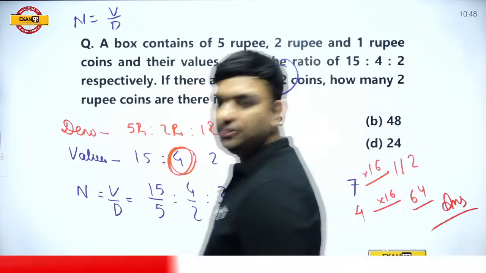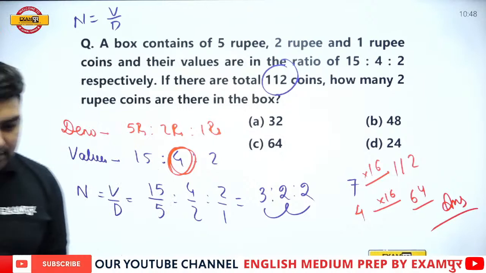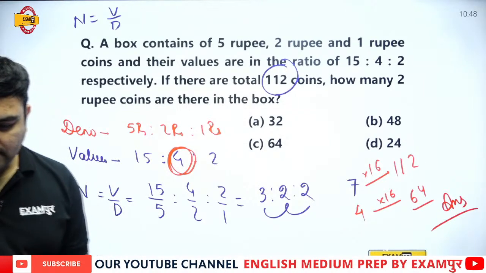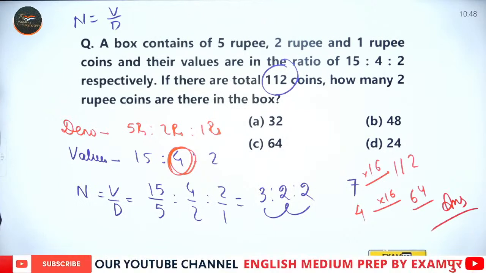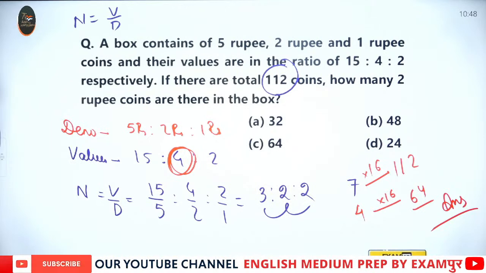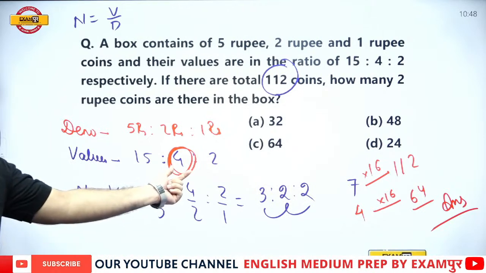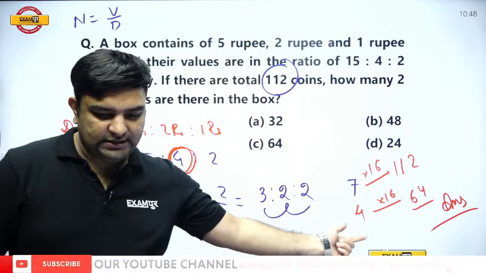What are they asking? Number of 2 rupee coins. 2 rupee coins are 4, and 4 into 16 is 64.